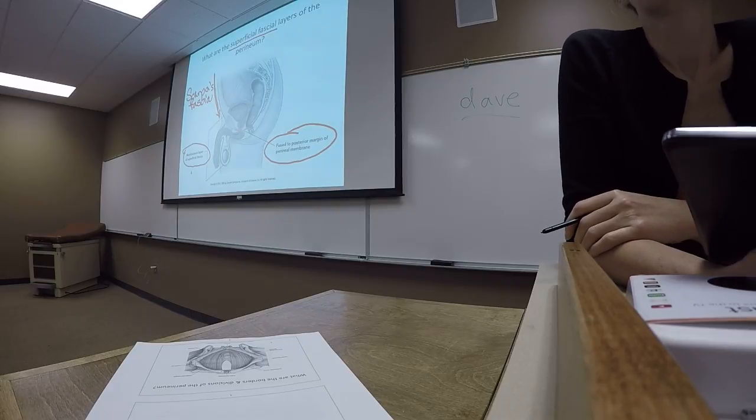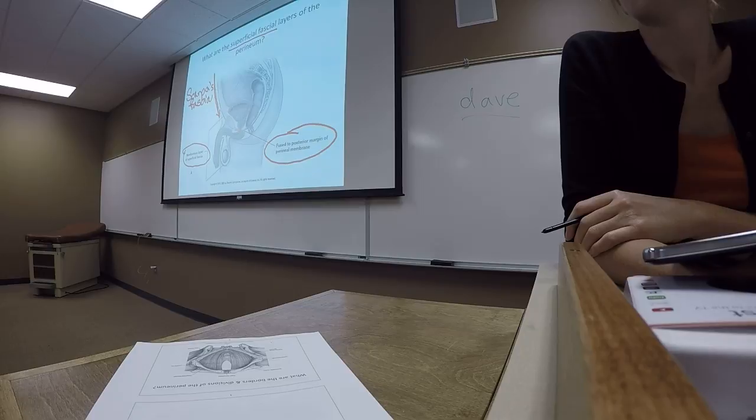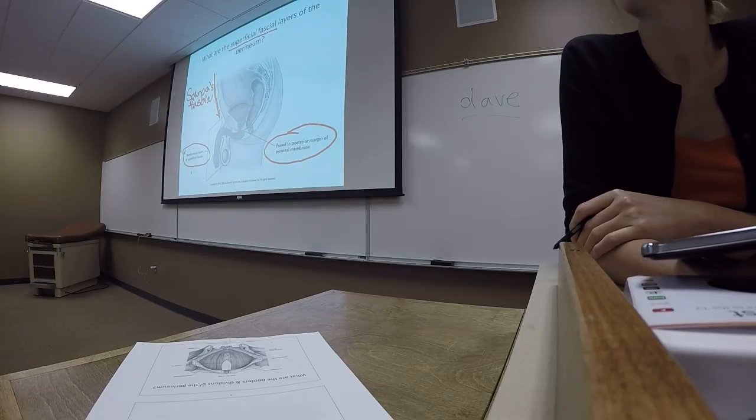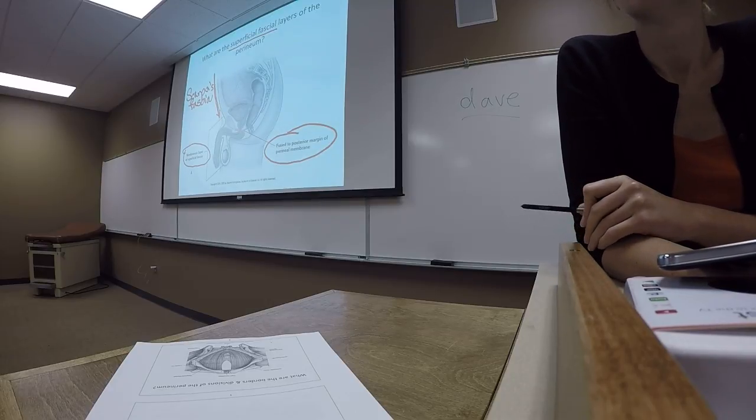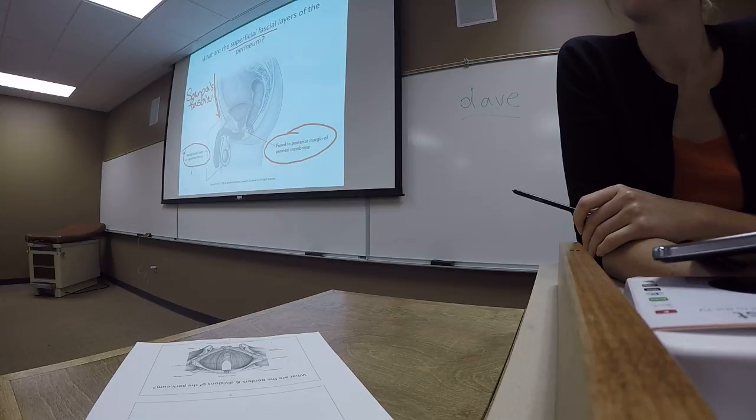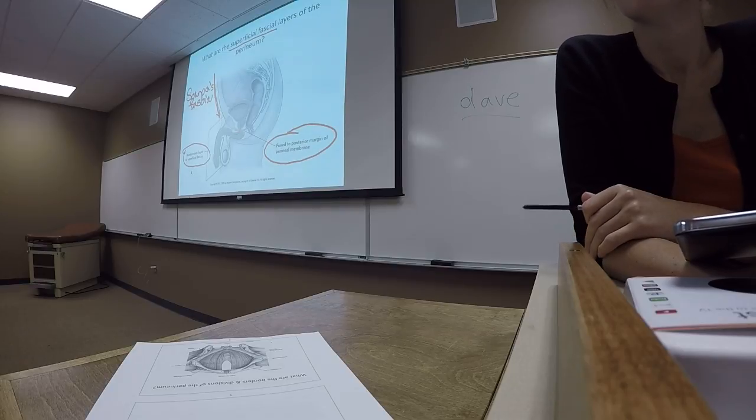And remember, what's one of the major functions of fascia? Yeah, it allows gliding. What are some other functions? Remember, it produces a barrier against what? Infection and fluid accumulation.